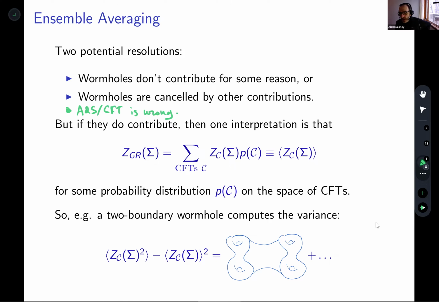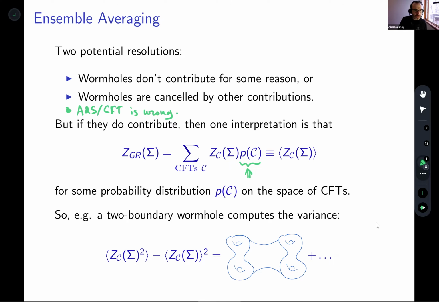And what do I mean by that? I really mean an ensemble in the sense of probability theory, namely that there is some probability distribution over the space of conformal field theories. And when we compute something on the gravity side, that then is interpreted as an average over the space of conformal field theories with this probability distribution.